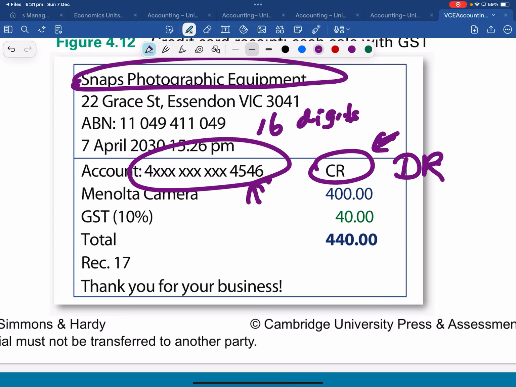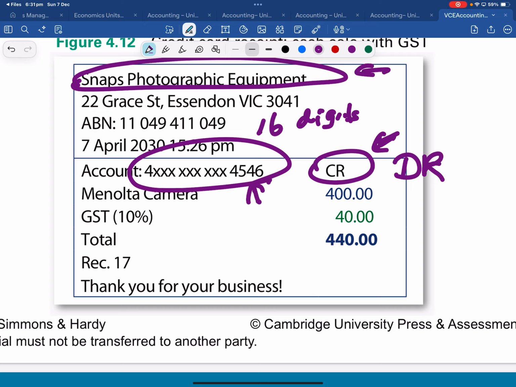So, let's say we go to Coles and we make a payment by debit or credit card. How do they issue us the receipt, with the bank name or the business name? Business name. But sometimes the heading will come from the bank name as well.